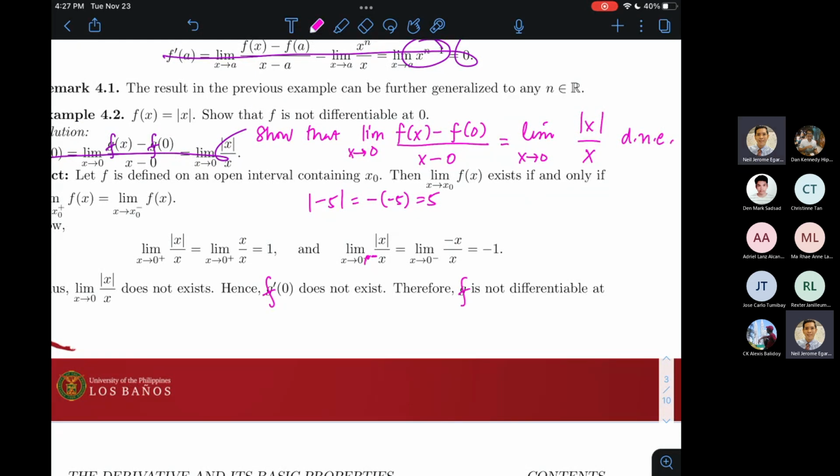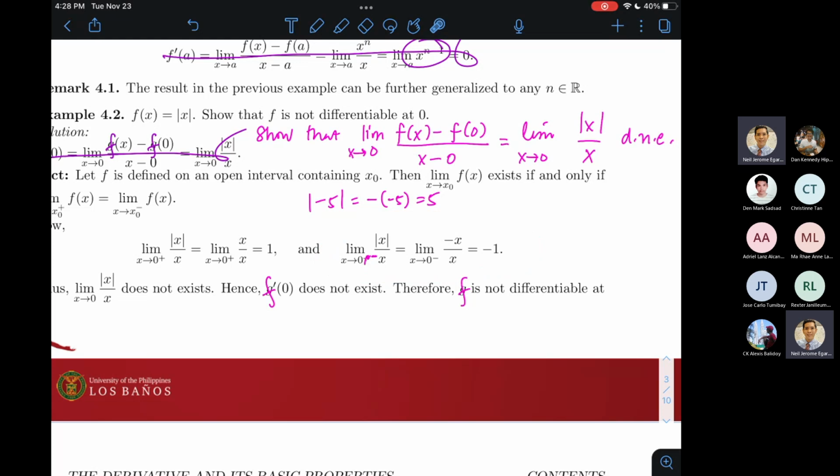Okay. So that's a typical way on how to prove non-differentiability. Just a caution, we will adopt definition 4.1, pero we will not be talking about derivative from the left and derivative from the right. Sa Math 36, dumaan pa yung discussion sa derivative coming from the left and derivative coming from the right. Specifically, this is your derivative from the right. This is your derivative from the left.